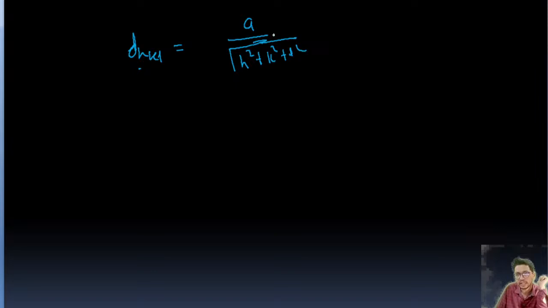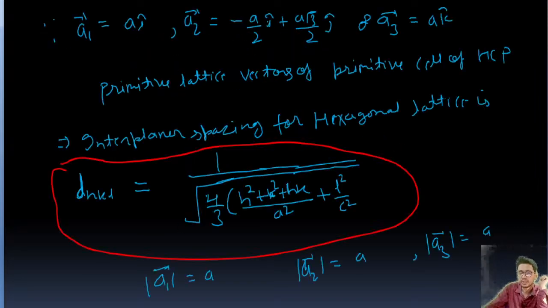In the same way, the interplanar spacing for a hexagonal lattice is d_hkl equal to 1 upon root of 4 by 3 times (h square plus k square plus hk) upon a square, plus l square by c square.